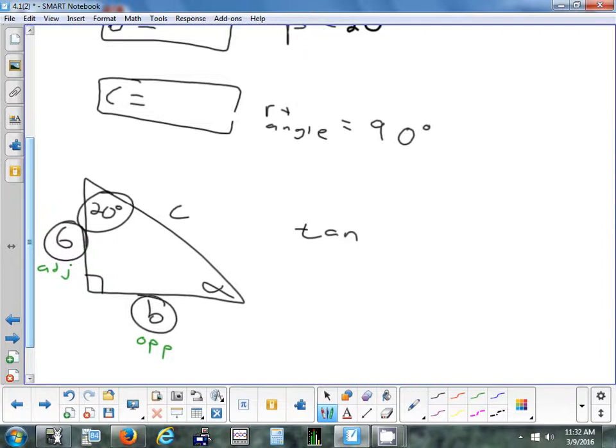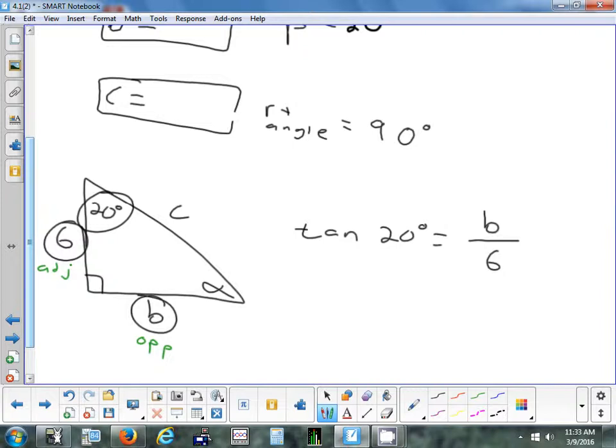Okay, so tangent of 20 equals, John, what goes on the other side? Would it be 6 over B? Be careful, tangent is opposite over adjacent. Okay, so B over 6.